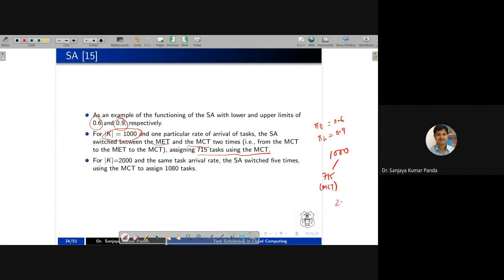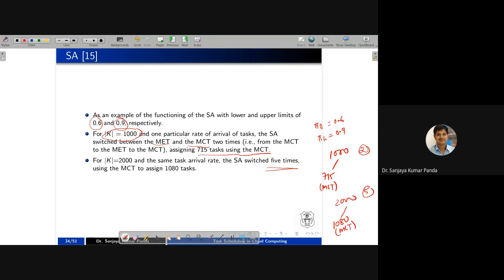But when you take 2000 tasks with the same task arrival rate, the switching algorithm switched 5 times. Here it is switching 2 times for 1000 tasks, and for 2000 tasks it is only 5 times.